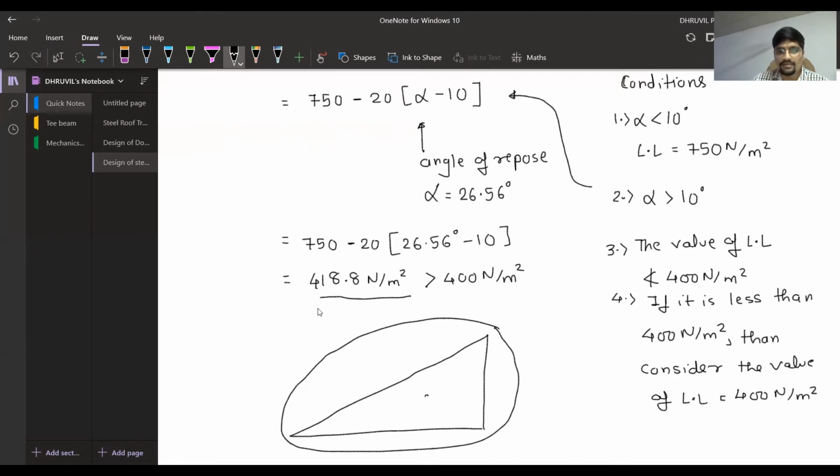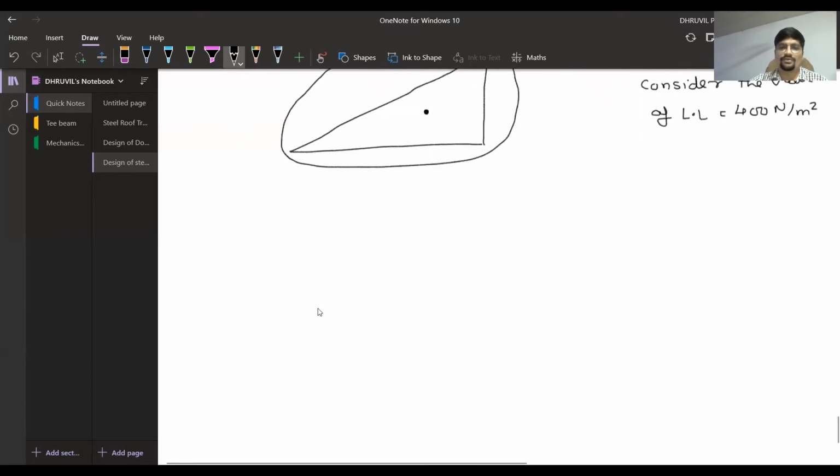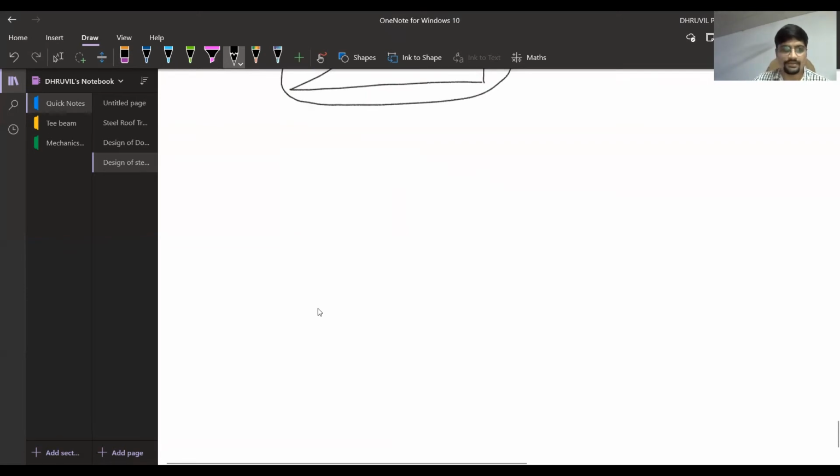So we will consider the roof truss at CG distance. So the live load on roof truss is equal to 2/3 of the live load calculated.